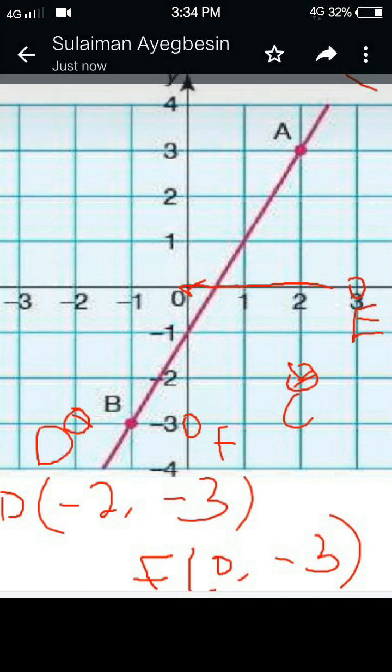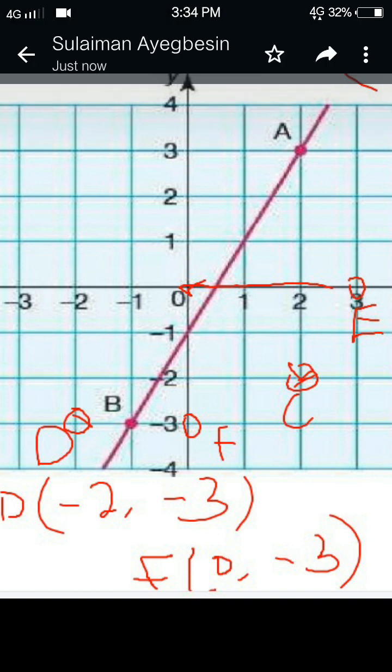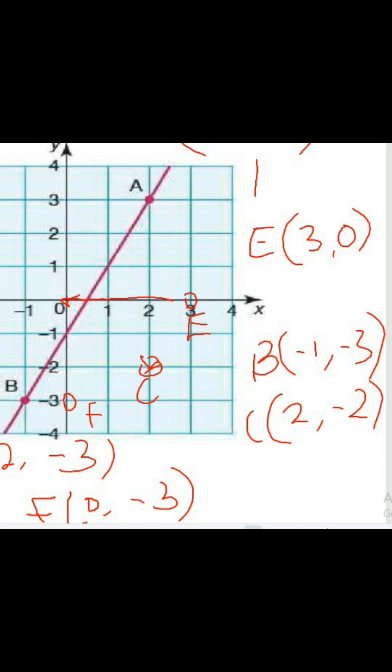So whenever a point is on the x-axis, it will be 0 on the y-axis. And if a point is on the y-axis, it will be 0 on the x-axis. So in this case, 0 for y-axis, 3 for x-axis. So that is 3 comma 0. So that is why point E here is 3 comma 0.